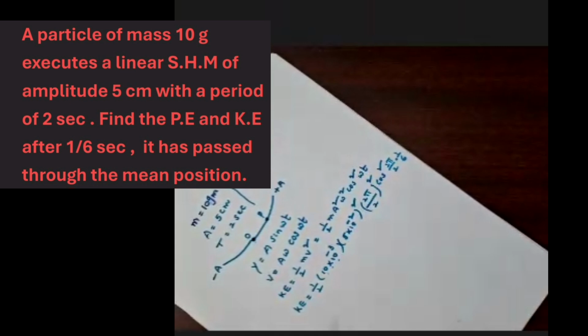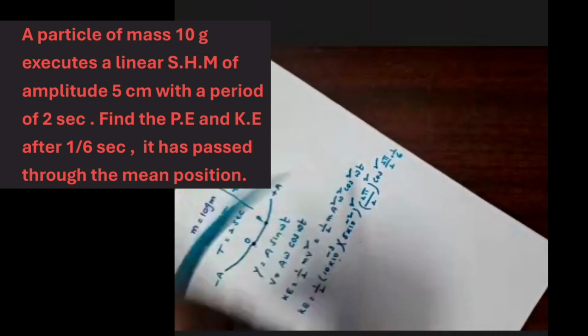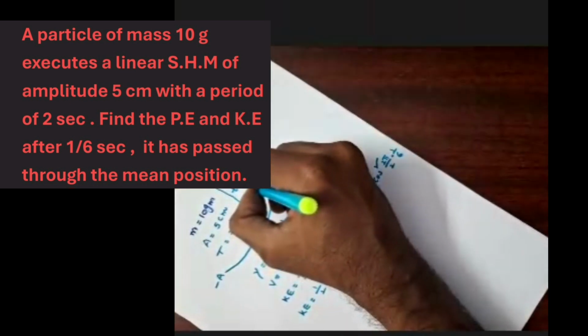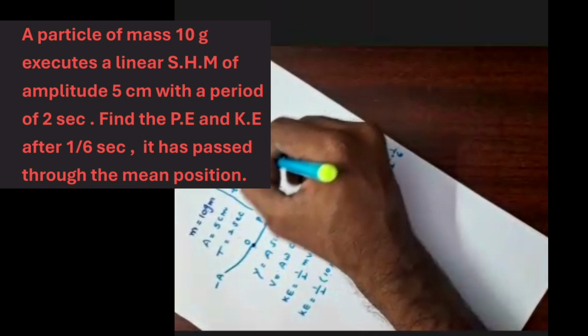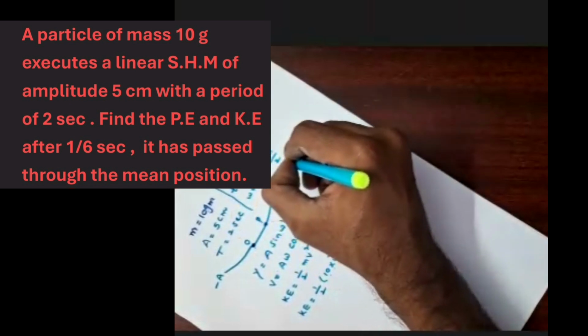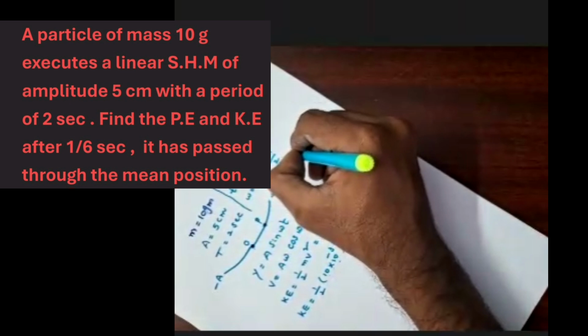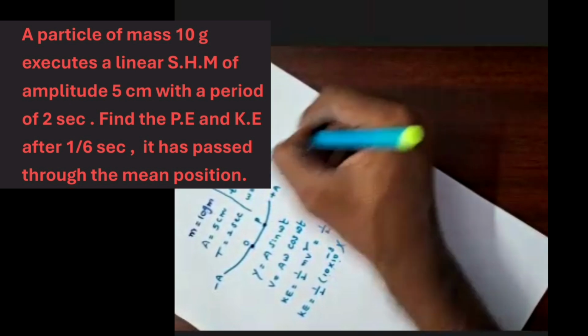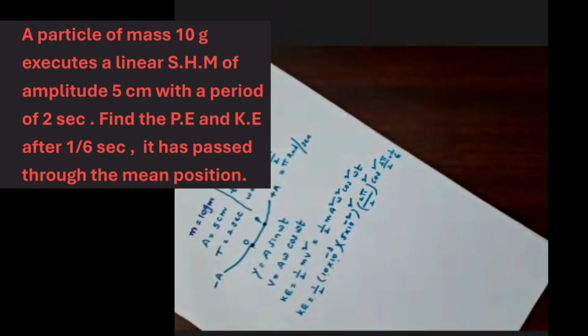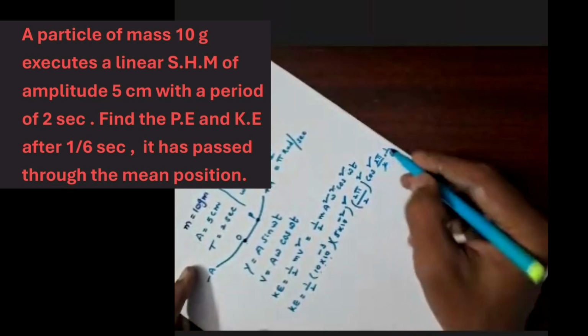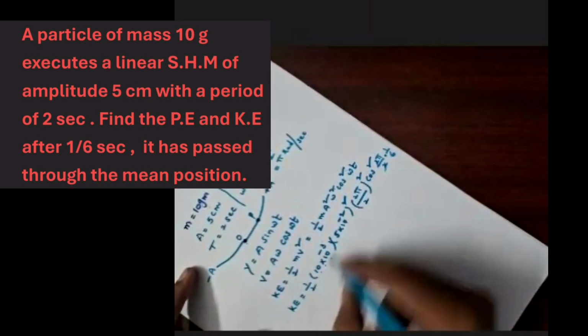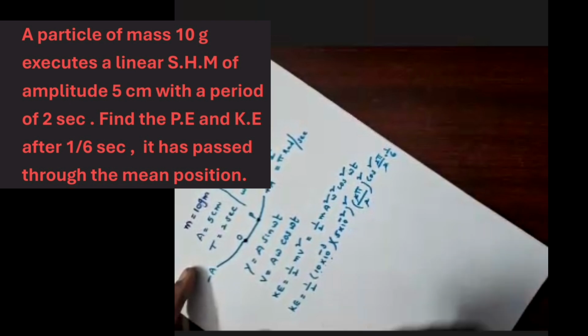We replace this omega with 2 pi by capital T, that is equal to 2 pi by 2. The 2 gets cancelled, then pi radian per second. Now if you calculate, 2 gets cancelled, pi by 6 remains, and pi remains.